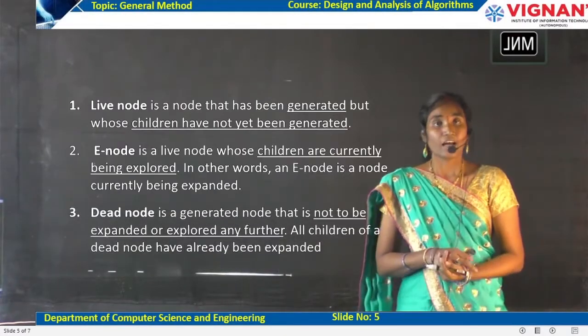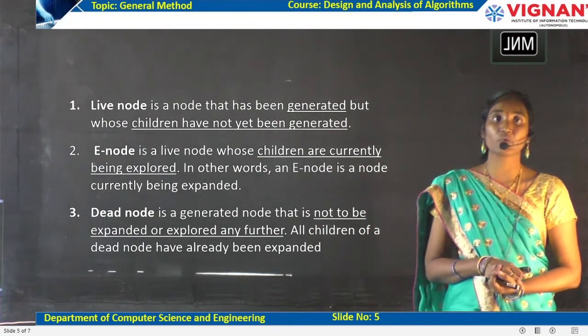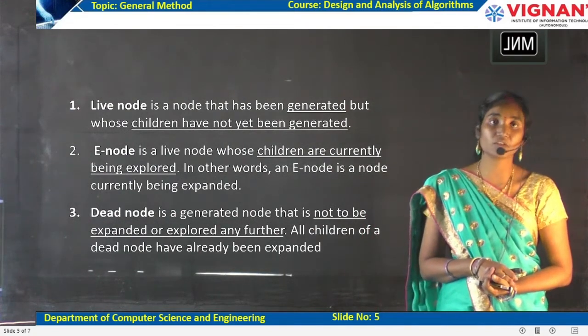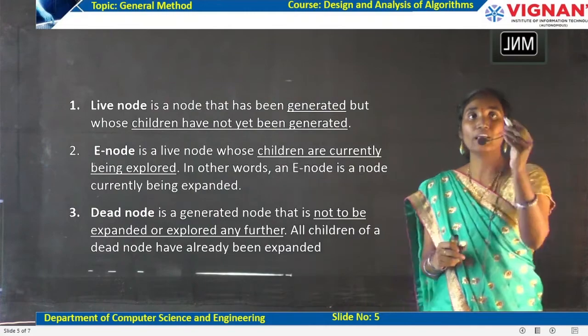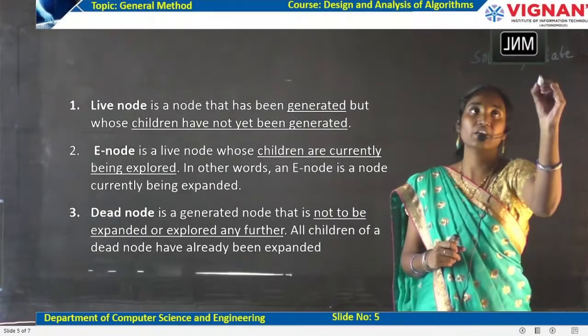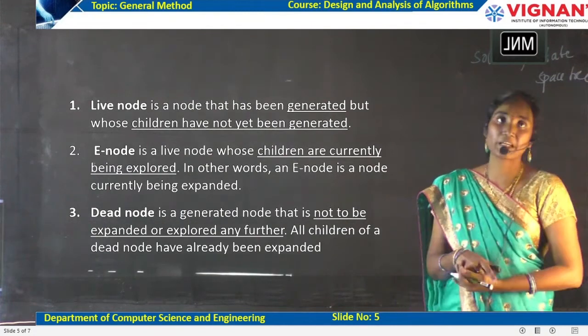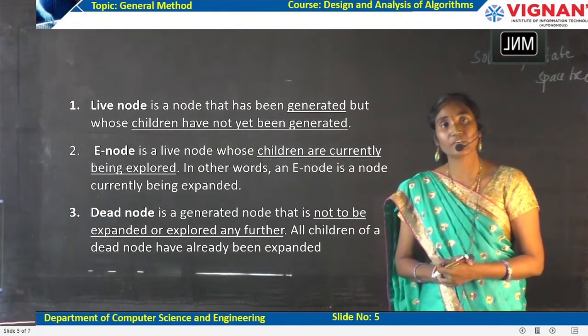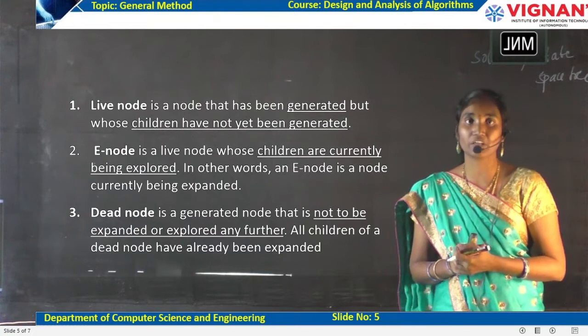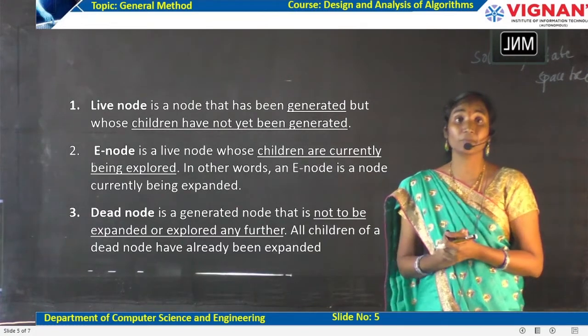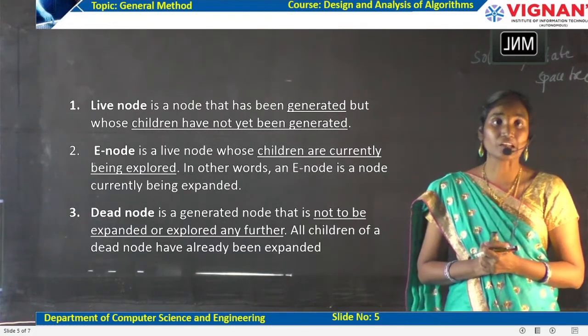Now, as I said earlier, we are going to depict the solution node or answer node with the help of a state space tree. When dealing with a state space tree, I use some terms regarding nodes.